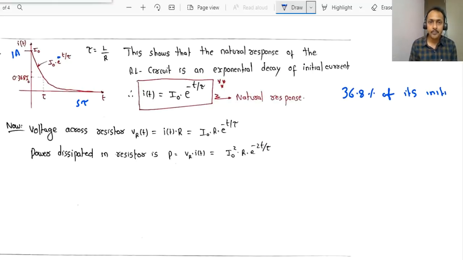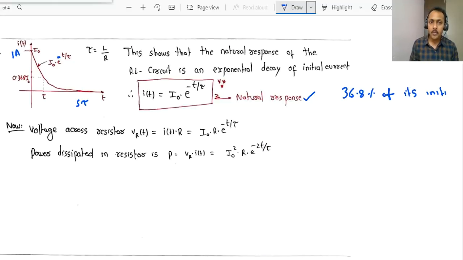If you observe, there is no source in this circuit. So this is the natural response of the RL circuit. I of t equals I naught into e power minus t by tau is the natural response. It is not the response due to some forced input. There is no source present in this circuit, right?